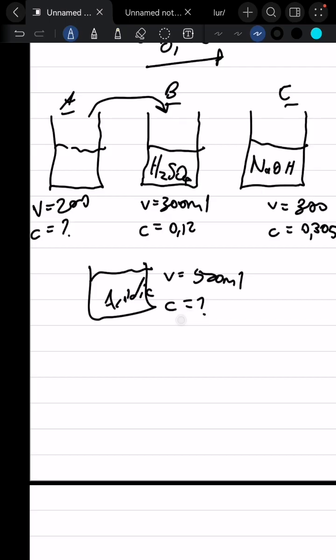Concentration is unknown. Okay, siyaqhubeka statement sithi learners are now told that conical flask A contained sulfuric acid. So since when we assume it's sulfuric acid, flask A contained hydrochloric acid, HCl.